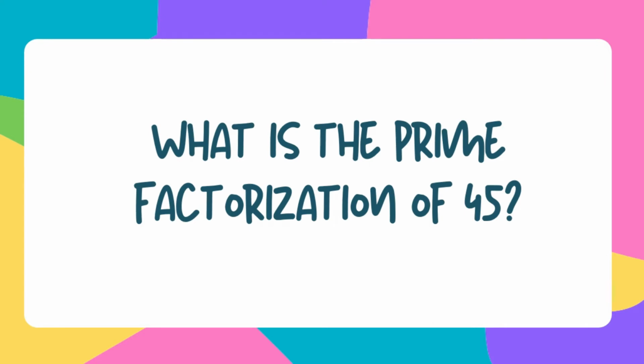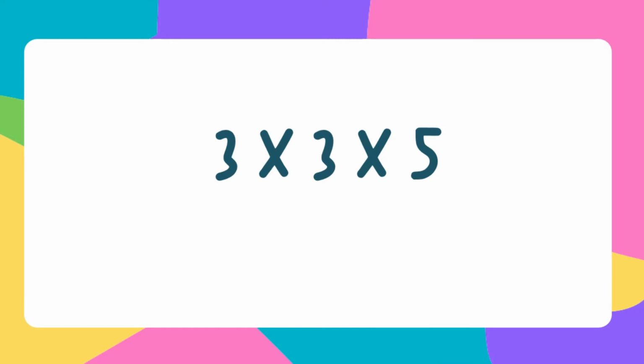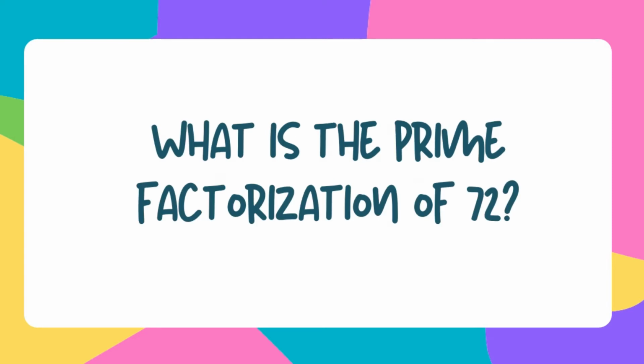What is the prime factorization of 45? The answer is 3 times 3 times 5.